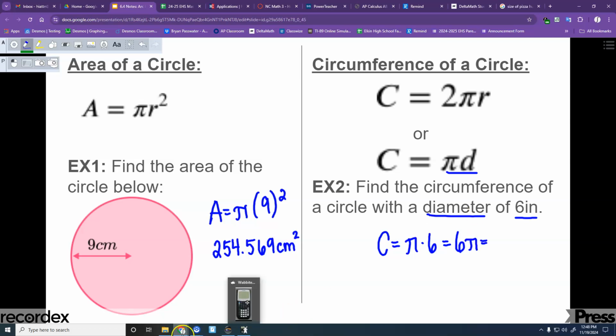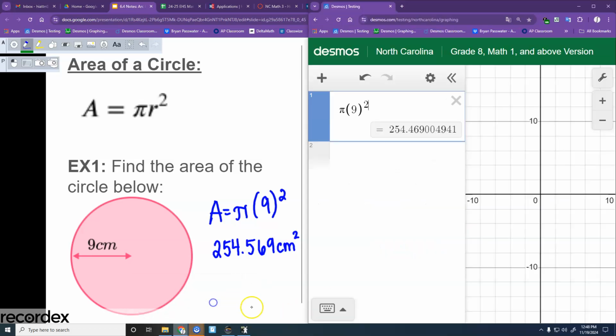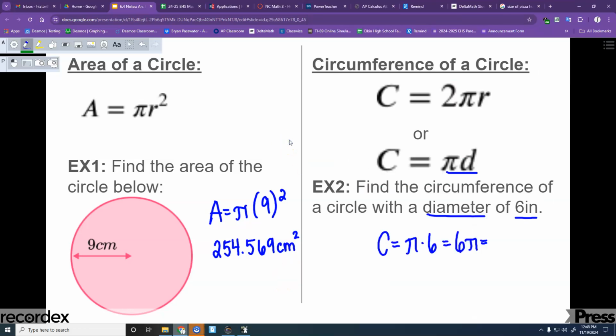Other times we will actually type it into the calculator, and if we type in 6 pi, we're going to get 18.850 if we round that. And this is just a length, so it's just measured in inches, not square inches, but just inches.